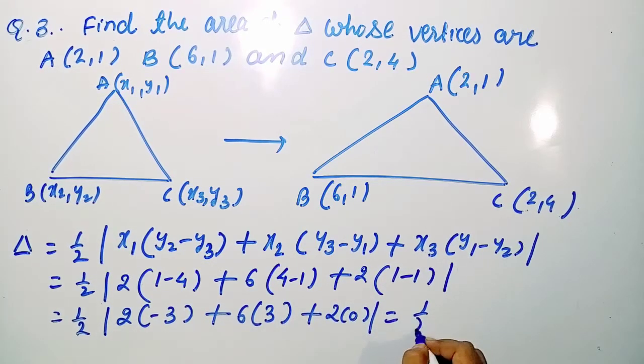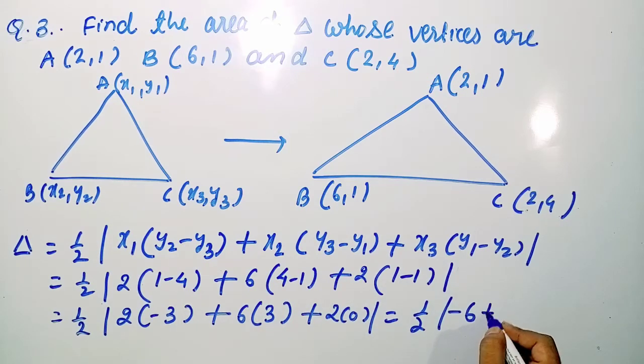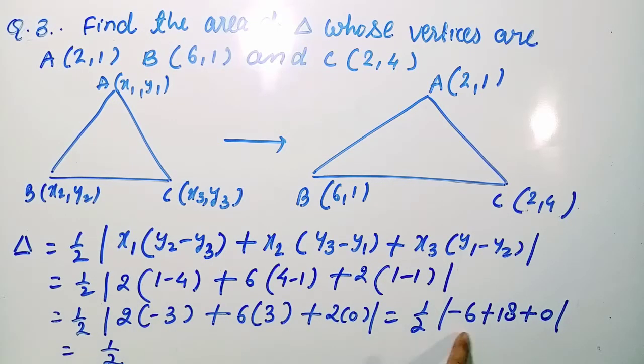Okay, so 1 by 2, there will be minus 6, 6 times 3 is 18, so plus 18 and there will be 0. So 1 by 2 modulus 18 minus 6, 12.